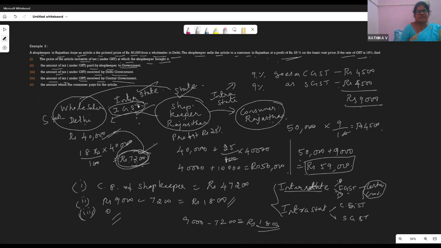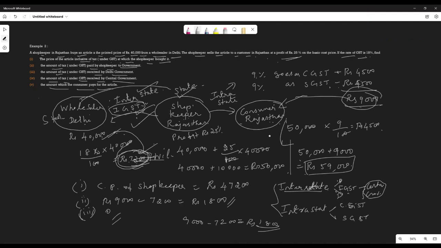For the same article, the IGST is paid to the central government once. The shopkeeper will collect the amount for central and state government payment, but already he has paid here, so it will not go again. So 7,200 rupees will go to the central government. Finally, how much will the consumer pay for the article?